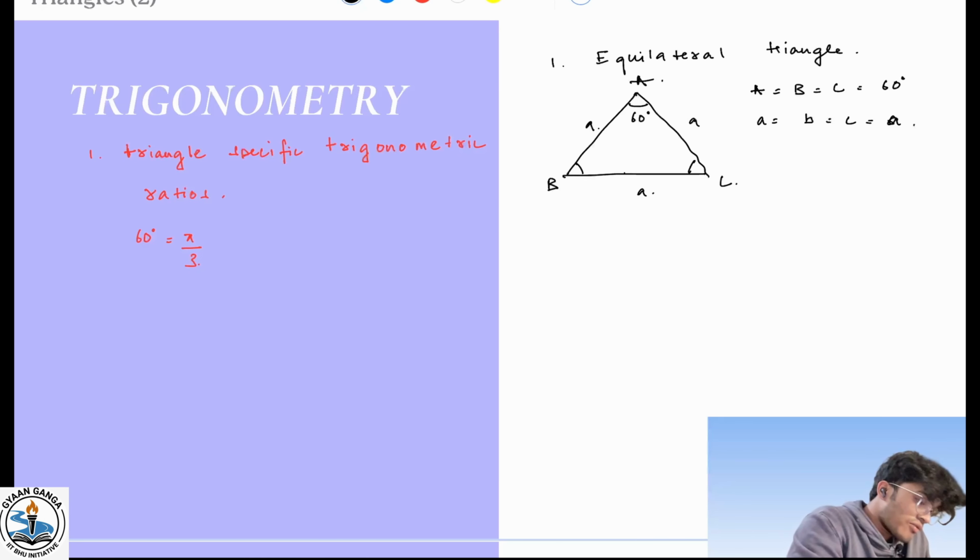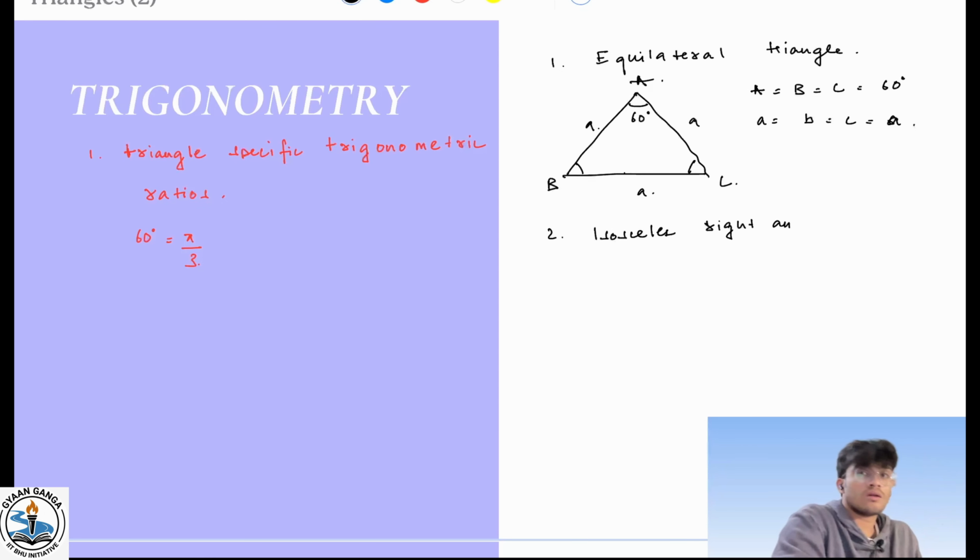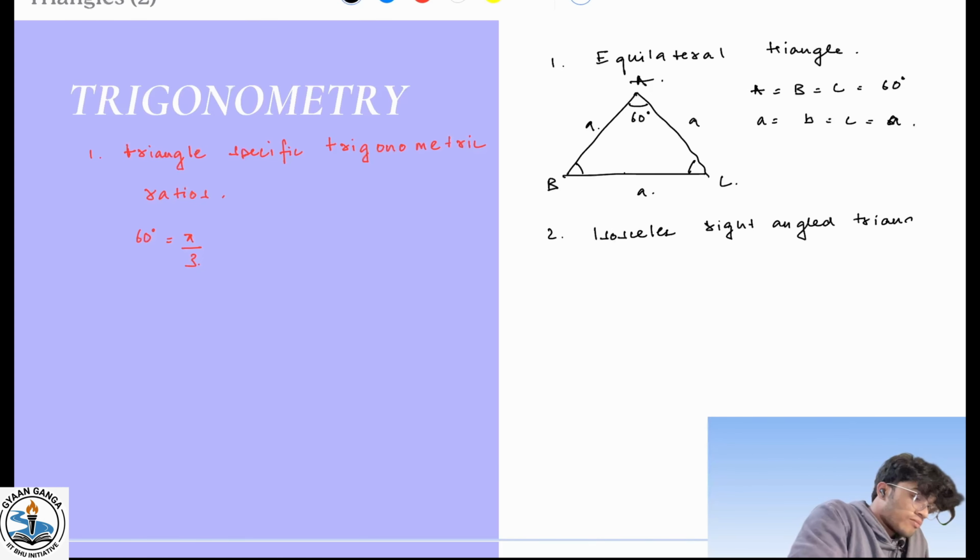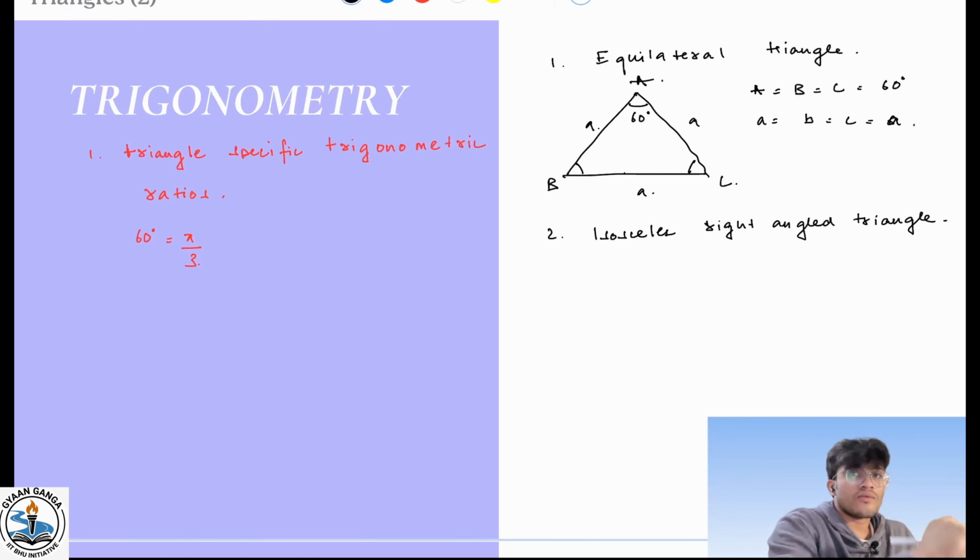The second type of triangle is an isosceles right angle triangle. Now, an isosceles triangle is one in which two sides are equal.